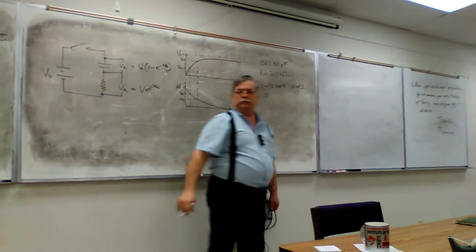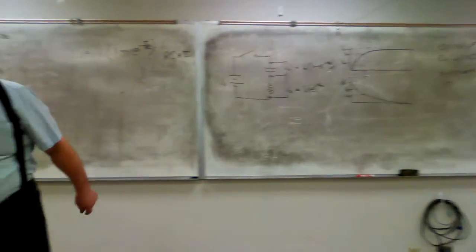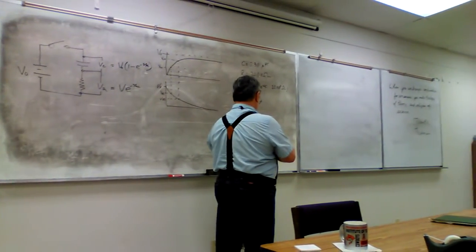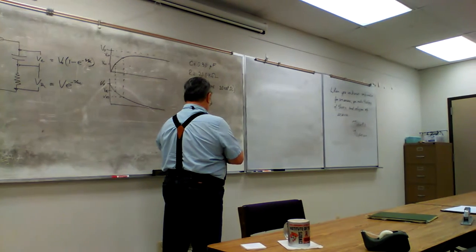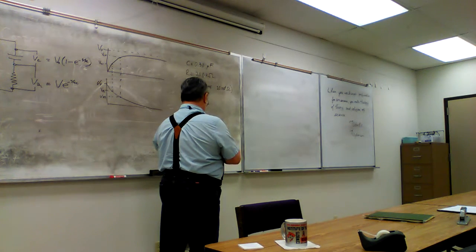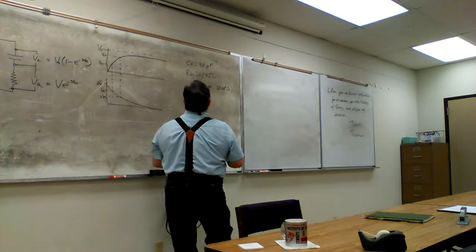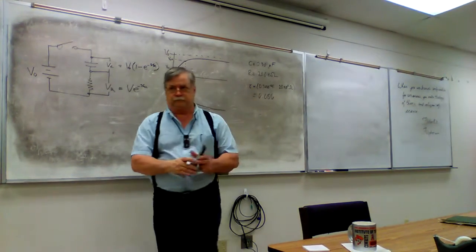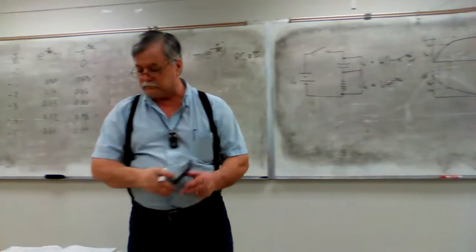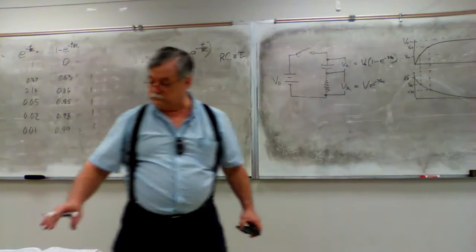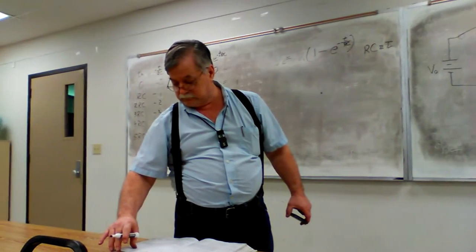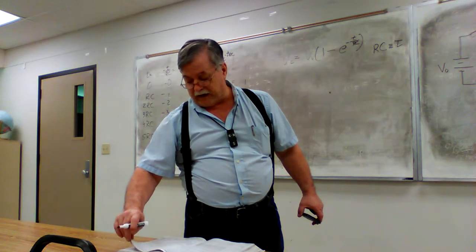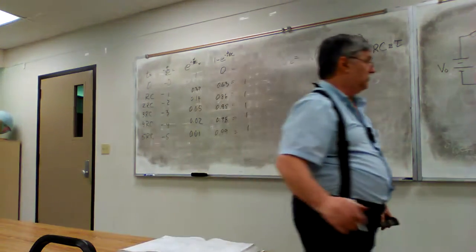What does that equal? 0.006 seconds is our time constant. That's A, the first thing they ask. What is the time constant? Oh, and the battery is 12 volts, so V sub naught is 12 volts.